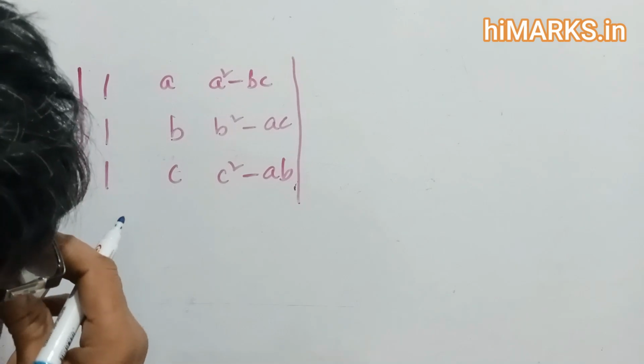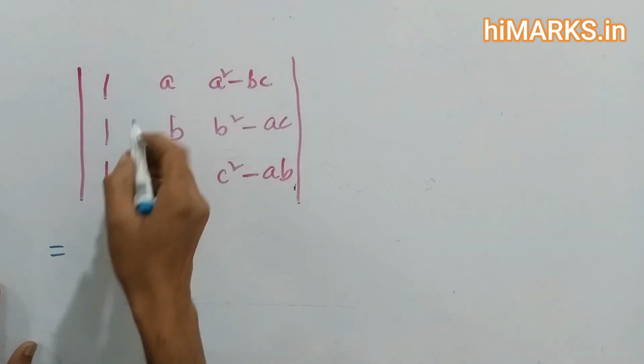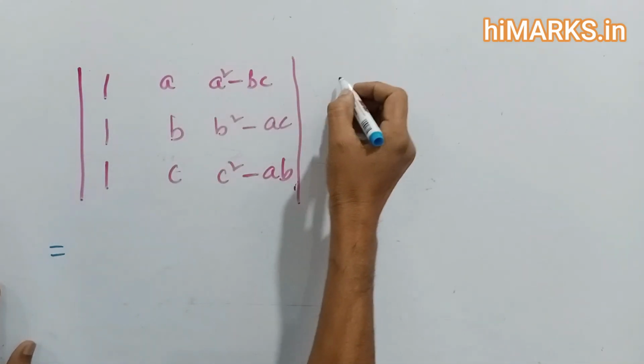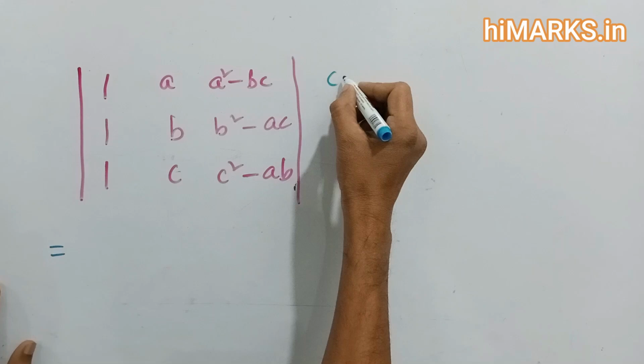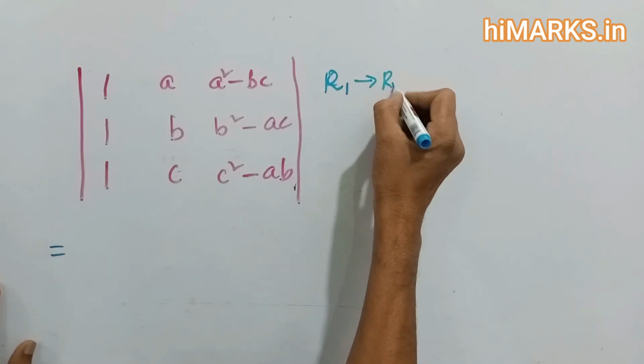This determinant is given, and we have to prove without expanding that its value is 0. So here, what operation will we do? New row 1 will be r1 minus r2.